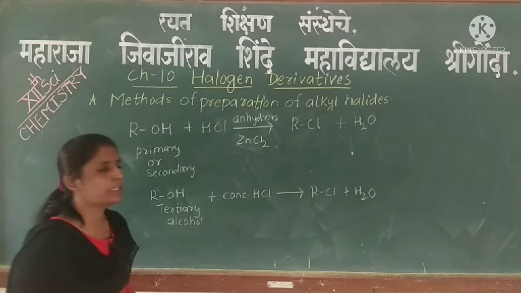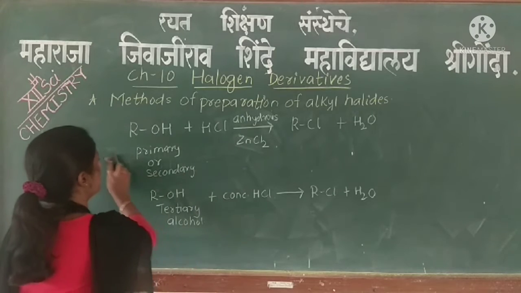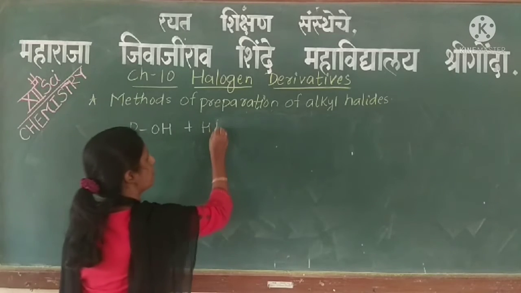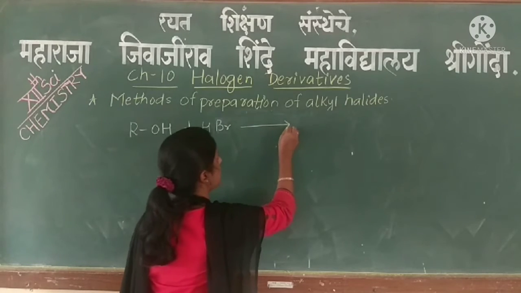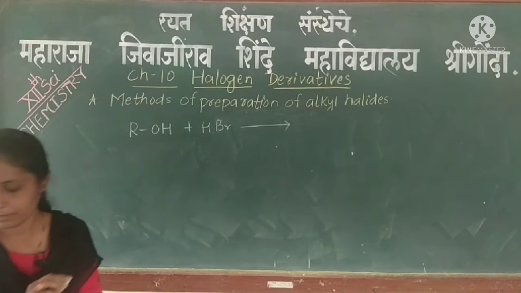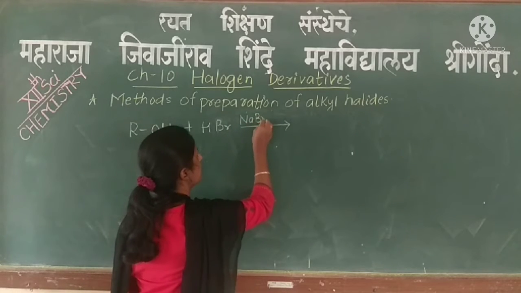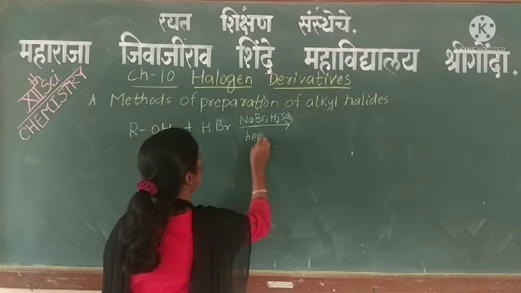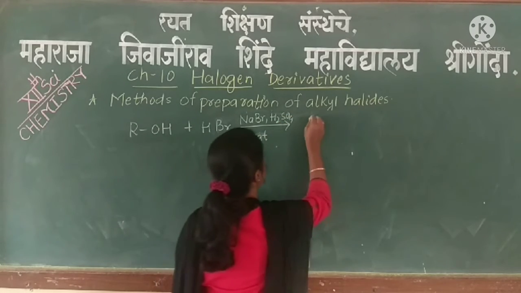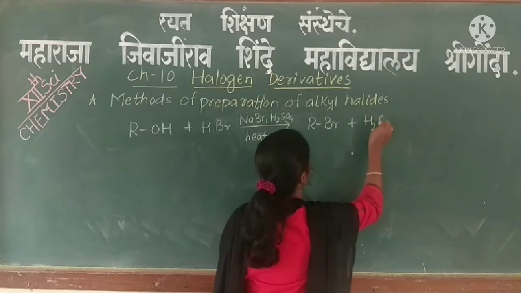Now moving on to the next, that is how we can obtain alkyl bromide. The conditions for obtaining alkyl bromide are NaBr and H2SO4 on heating, which gives you alkyl bromide plus water.